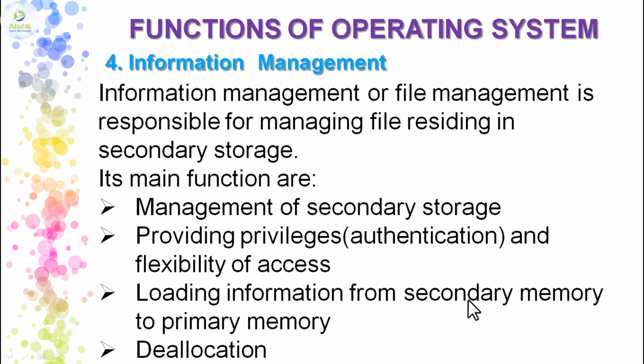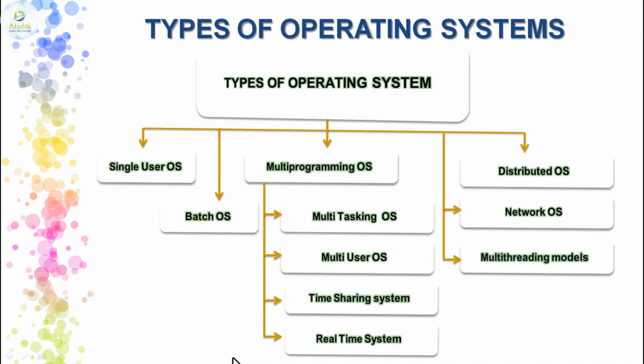So loading of the information from the secondary memory to the primary memory is very important for the execution cycle. Next we have deallocation. Deallocation is nothing but freeing up the memory space, as we have told so many times. So the memory which has been allocated has to be deallocated or freed up for the other processes to occupy.